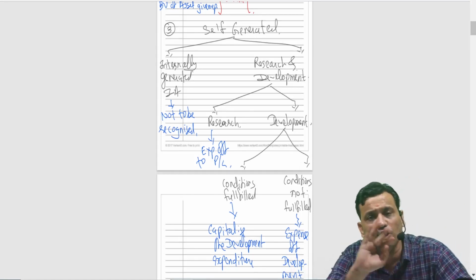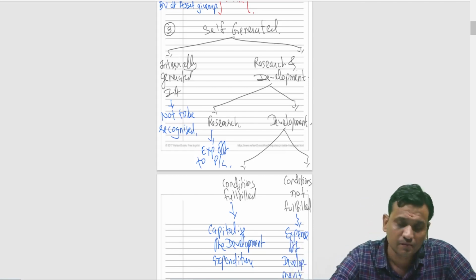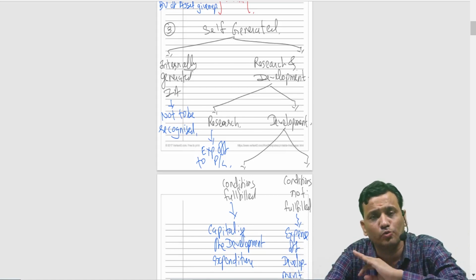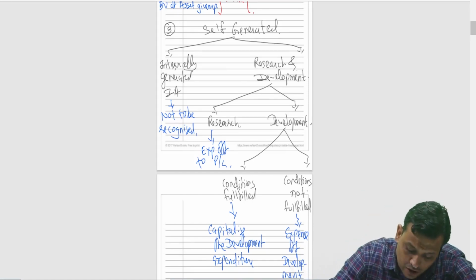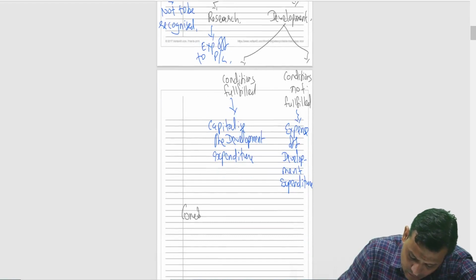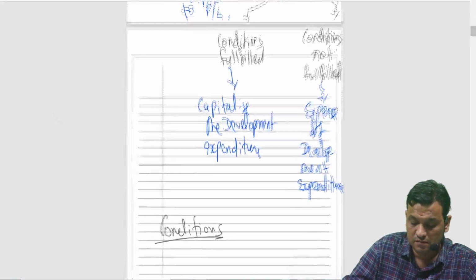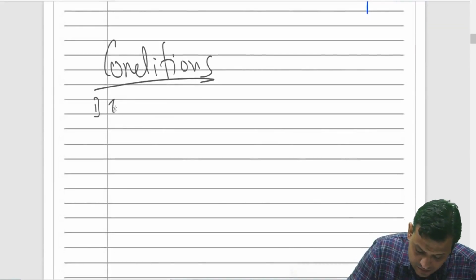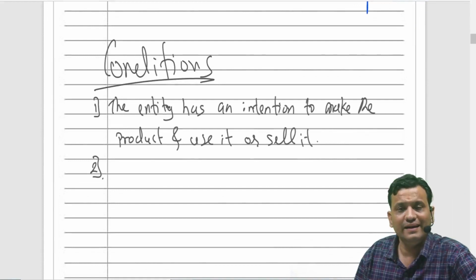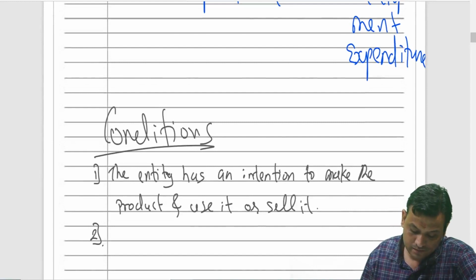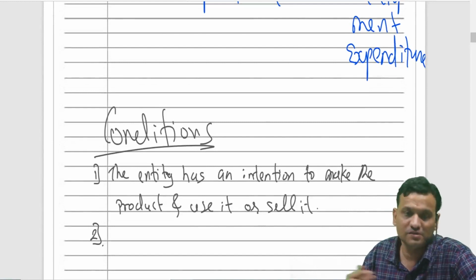If all conditions are not fulfilled, friends, then development expense is also to be expensed off. Now your doubt comes, what do you mean by those conditions? There are conditions given by AS 26. Condition number 1: the entity has intention to make the product and use it or sell it.